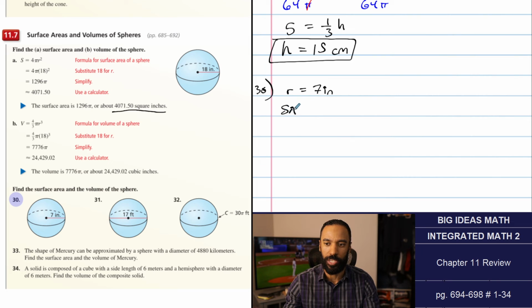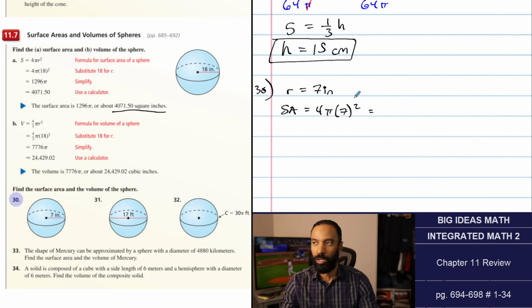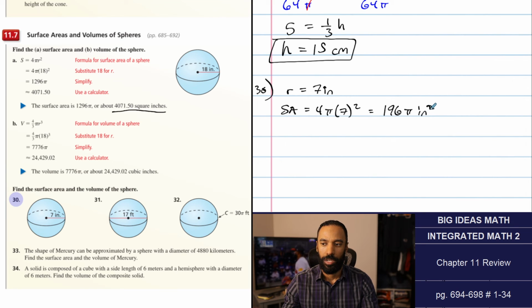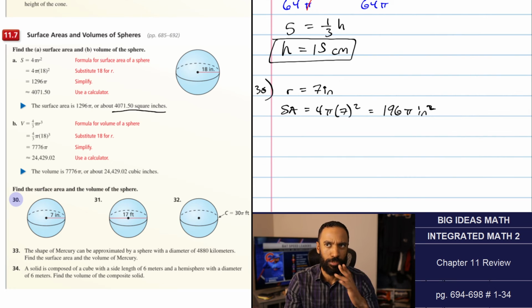As far as surface area goes, it's going to be 4 pi r squared. 7 squared is 49. 4 times 49 is 196. So you get 196 pi square inches. Rounded, it's going to be what, 630, 640 something? I'm going to say 645. Really close to 645.